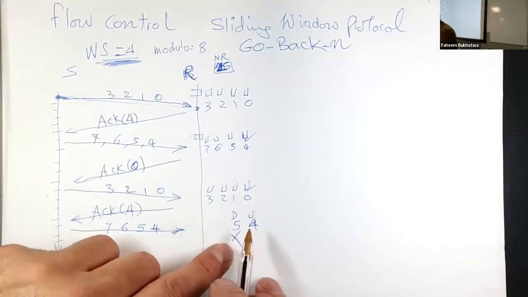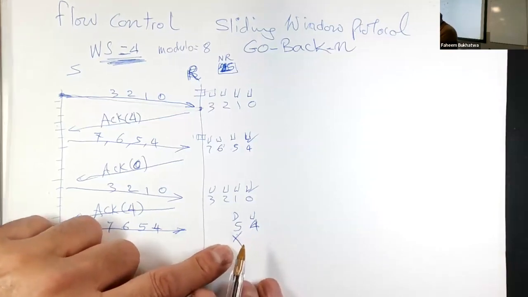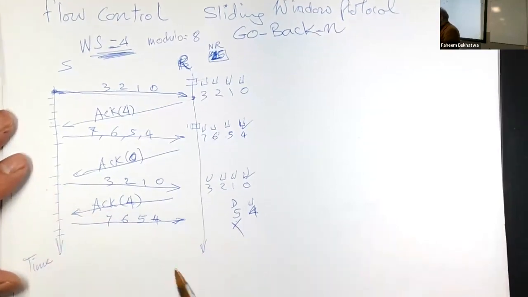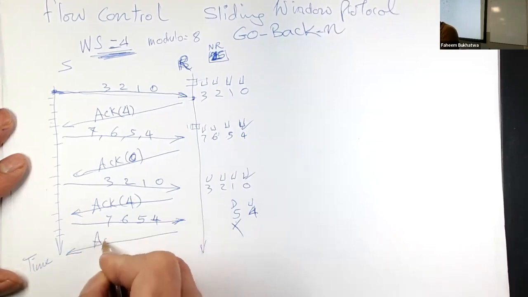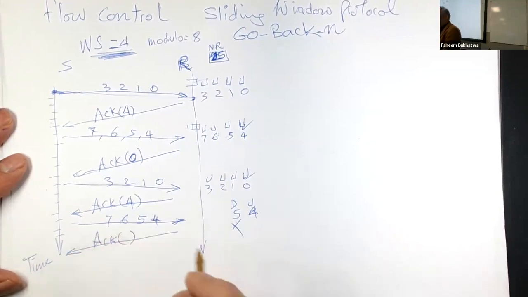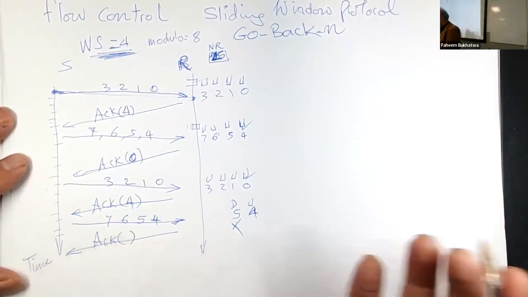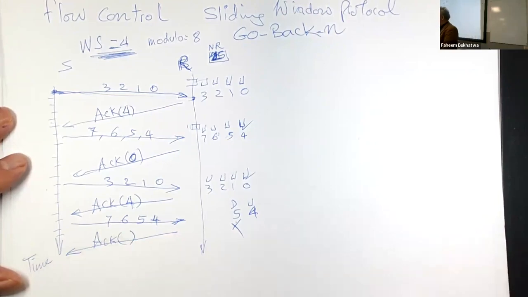Now we're still waiting on frame number 5. Once the receiver gets an error, it will send back an acknowledgement immediately. What acknowledgement do you think it will send? 5. Why 5? What does acknowledgement 5 mean?